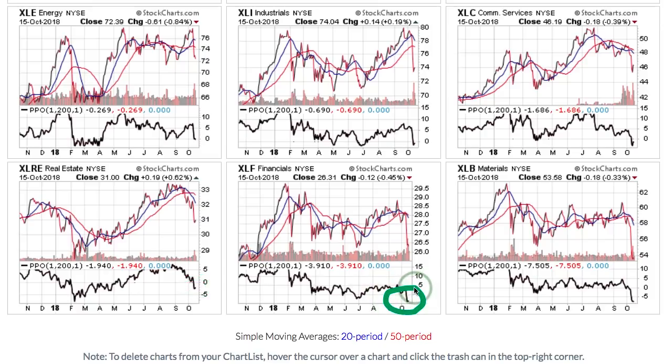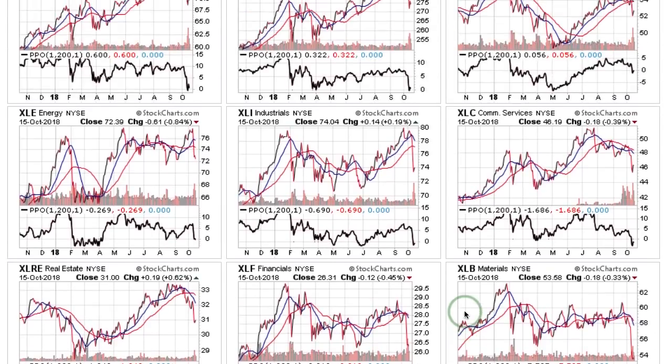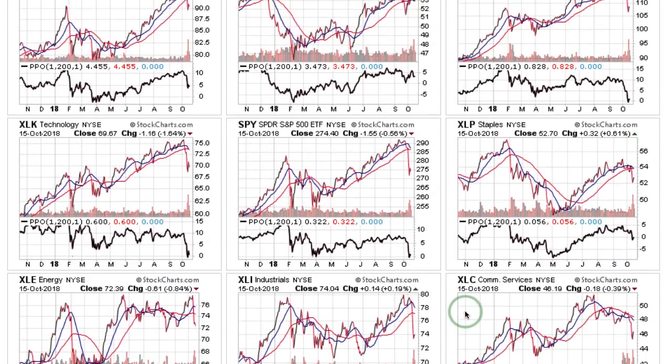We have XLF, one of the worst performing sectors, the furthest below its 200-day. And of course, the weakest sector is materials. But you can see there's not a lot to be positive here because we have basically 1, 2, 3, 4, 5, 6 sectors below the 200-day moving average. And it wouldn't take much to put a few more below as well.